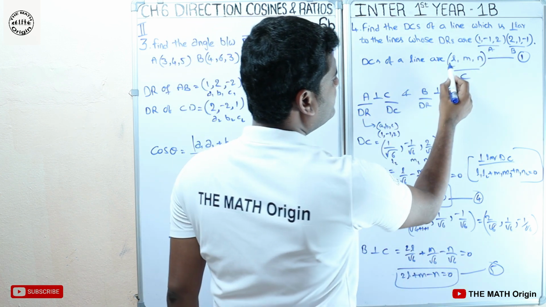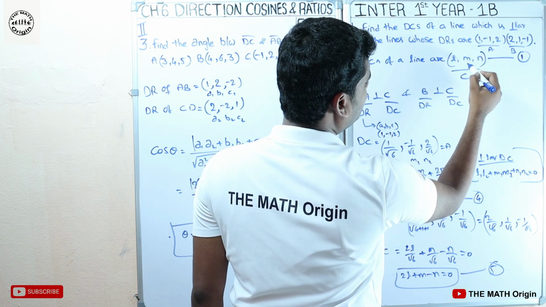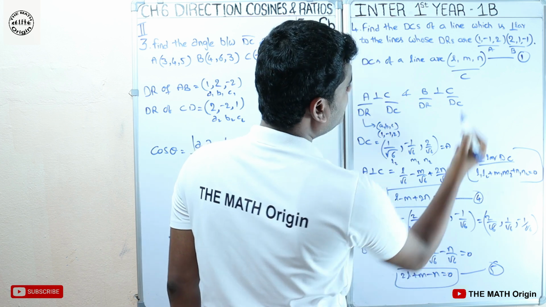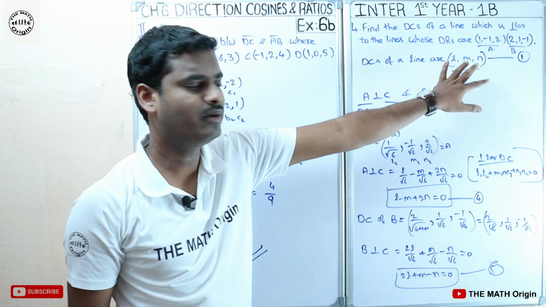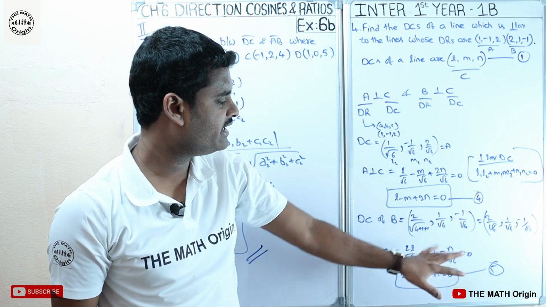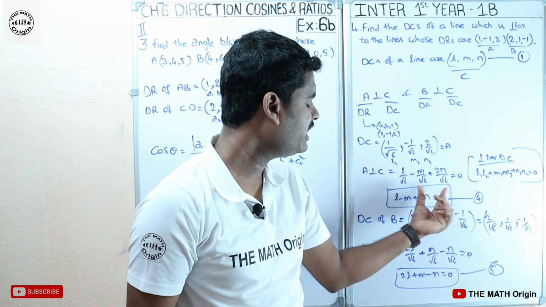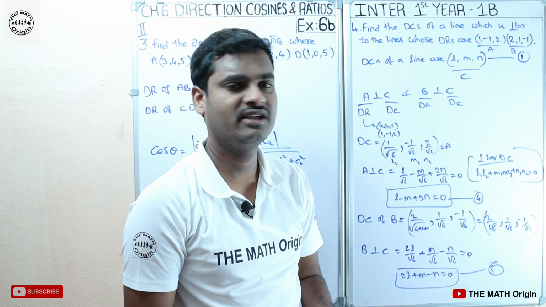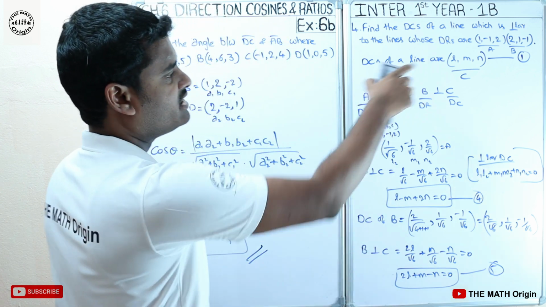If you see here, these are l, m, n. l into 1 will be l, minus 1 into m is minus m, n into 2 is 2n. That is just a short form, but here I have explained clearly how we get the direction cosine equation from the given direction ratios.